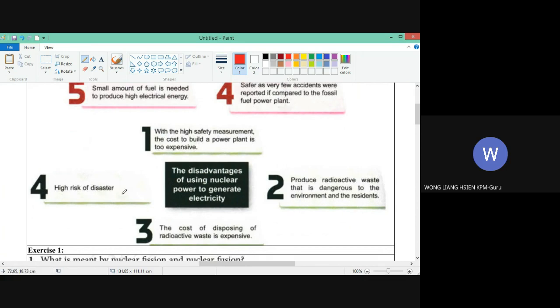Okay, high risk of disaster. For example, if you build in an area that has natural disasters like earthquakes and so on, then the risk is of course bigger. And of course, no matter how advanced the technology is, if the human beings that control the machine make a mistake, it can also cause disaster to happen, like what happened in Chernobyl.